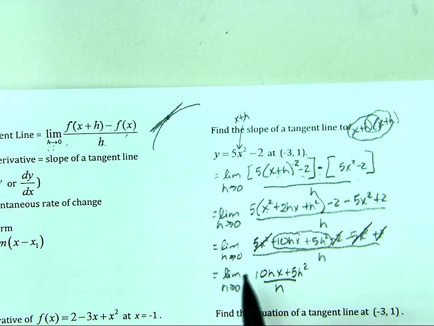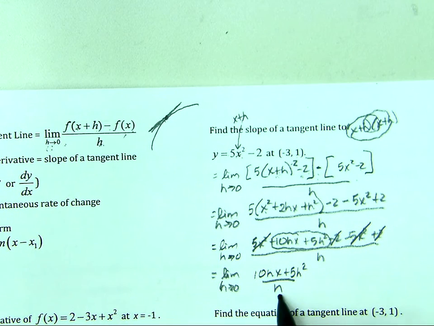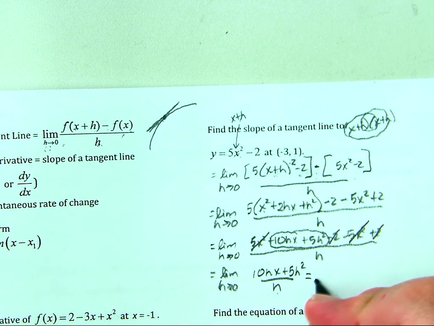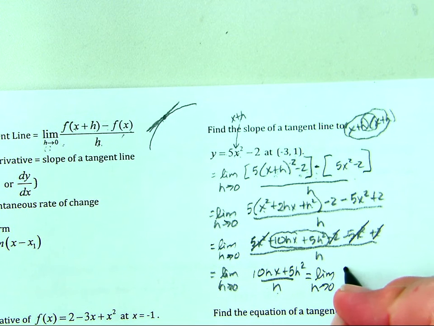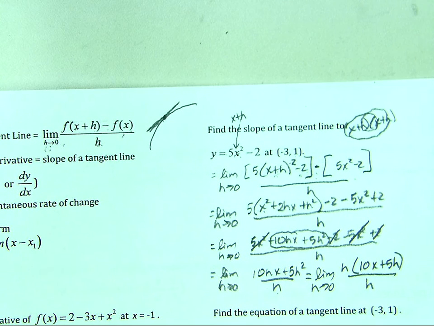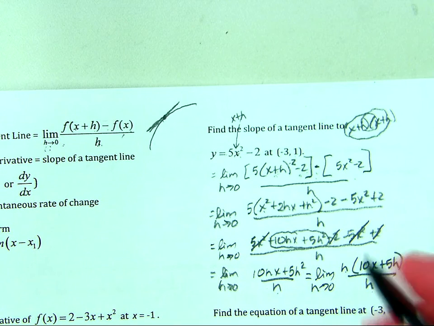Well, now we still can't find the limit because if I put 0 in for h, I have a 0 on the bottom. But on the top, we can factor. They both have an h in them. Let's factor an h out of there. So that'll be 10x plus 5h all over h. Now we have a common factor on the top and bottom.